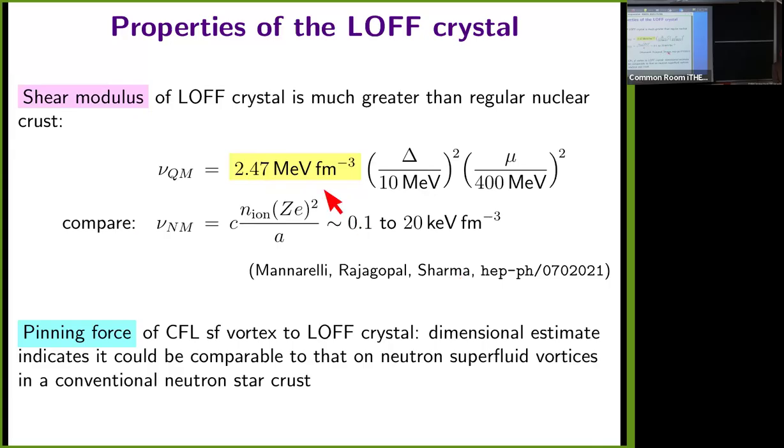So this was the paper that made this estimate of the shear modulus of the LOFF crystal. That's interesting because it means that if those crystals formed, they might be very strong and difficult to deform, and they might preserve memories of the shape of the region that they came from.